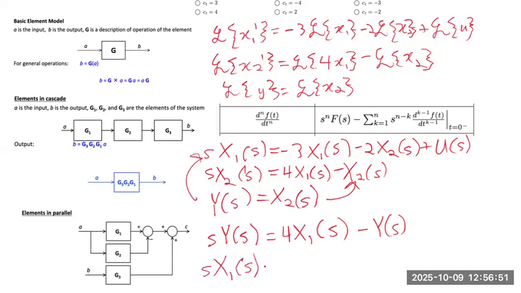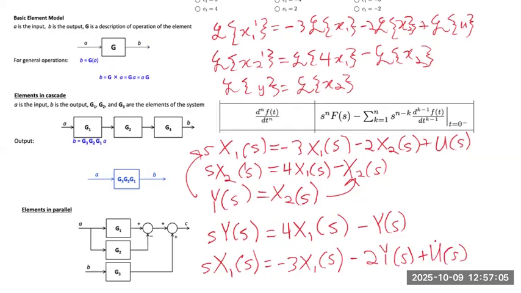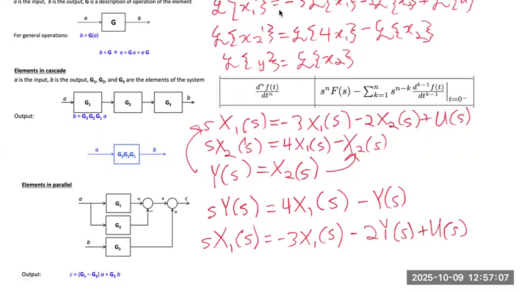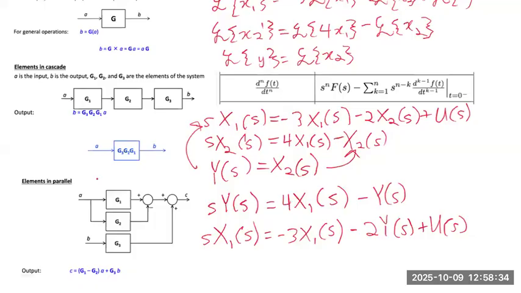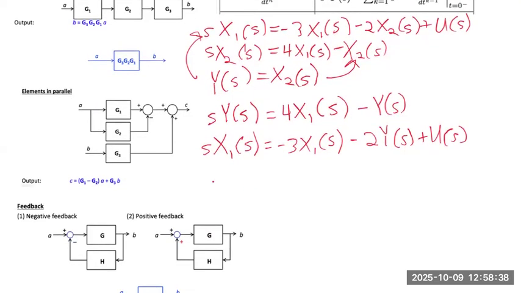We get s x1(s) is equal to negative 3x1(s) minus 2y(s) plus u(s). And let's try to rearrange these two equations to get it only in terms of y(s). So for the first equation over here, it's equal to s times y(s) plus y(s).